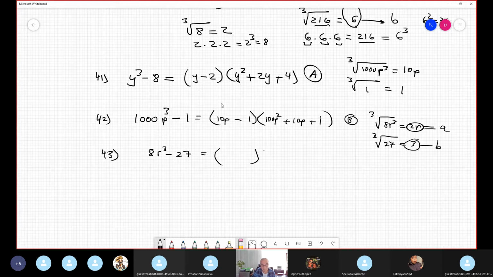Open two parentheses. Entonces 2r minus 3. Square of the first is 4r squared, plus multiplication of both is 6r, plus the square of 3 is 9. There's the 2r minus 3. I suppose que es D, ¿no?